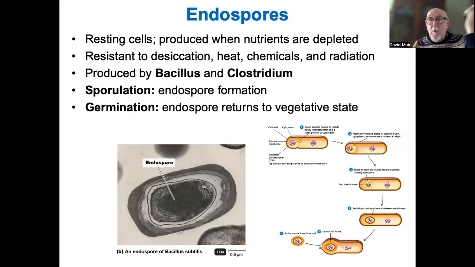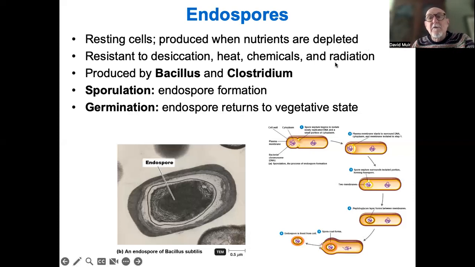Heat, they can be boiled and suffer no ill effects. They are very resistant to bleaches, naturally occurring chemicals like antibiotics or lysozyme or anything like that. They're even highly resistant to radiation. And this means that there's very little that's going to kill bacterial spores.